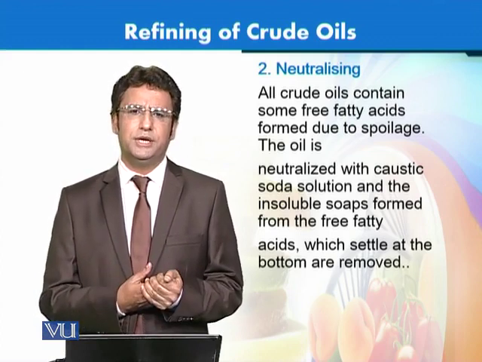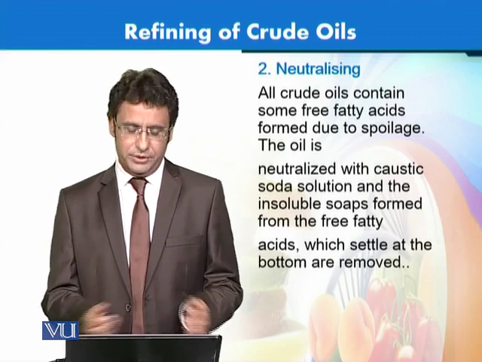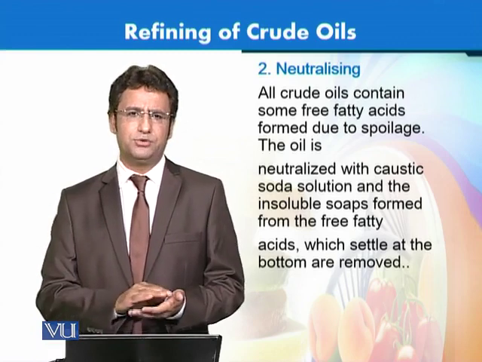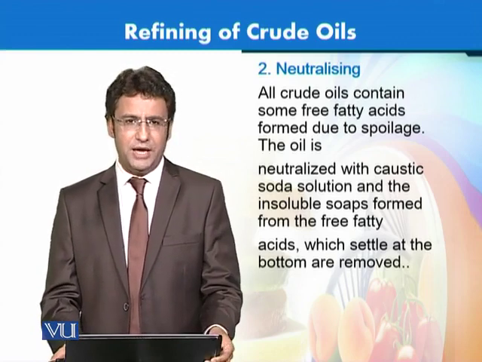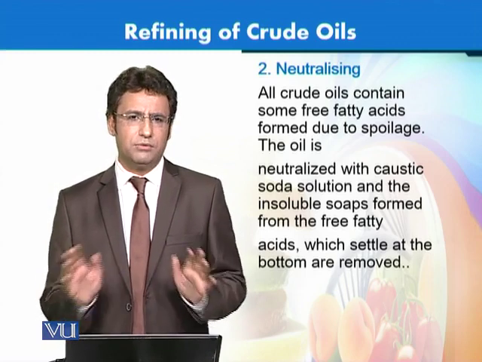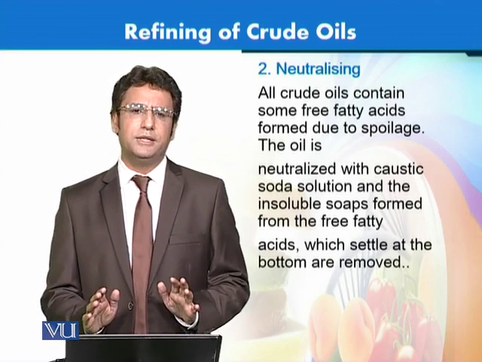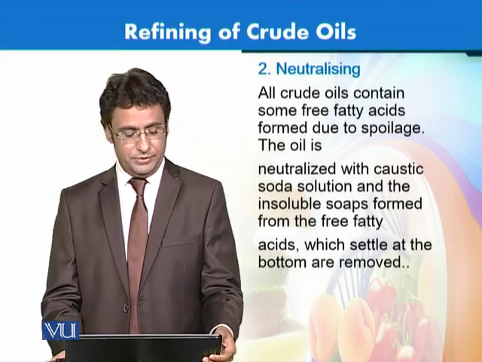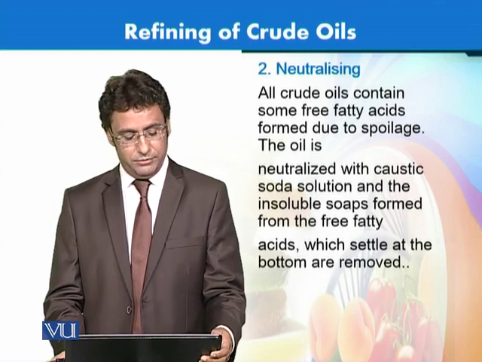This soap is removed from the oil. It would normally settle down, and the soap is removed. Once we have formation of soap in a tank full of oil, the soap imparts certain yellow colors to this oil product.